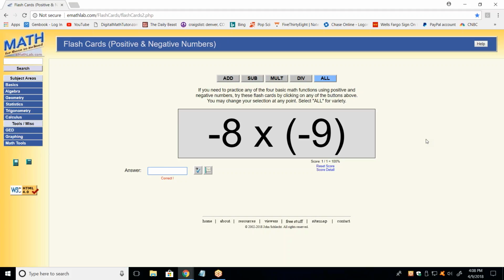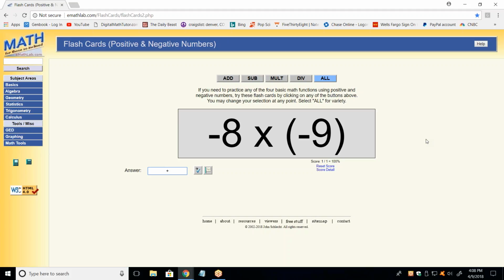When I multiply a minus times a minus, oh, they cancel out, so it would be a positive. They become a plus. So that's the first thing I want you to answer on all these questions. I want you to give me the sign first, especially in multiplication and division problems.